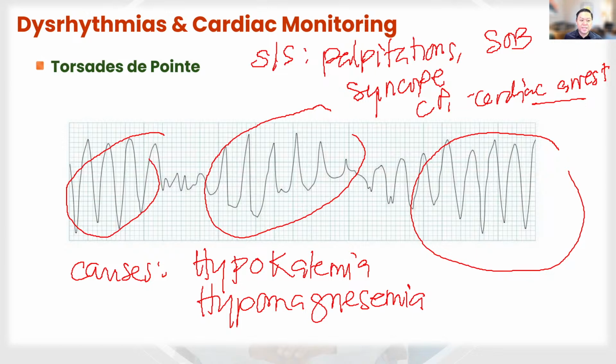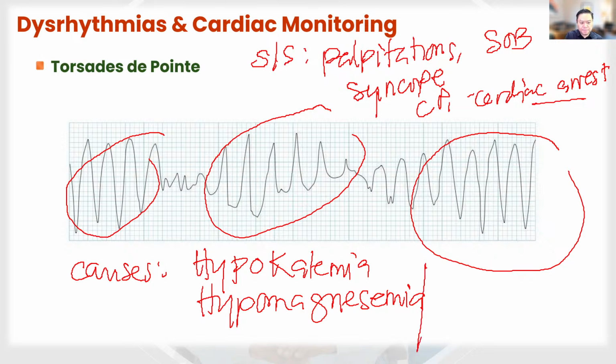So what are we going to do for this patient? We want to make sure that we are treating, especially if there's an electrolyte imbalance, we're going to have to replace the low potassium or low magnesium. We're also going to do cardioversion, so we're going to have to prepare the patient for cardioversion. Okay, let me rewrite those.